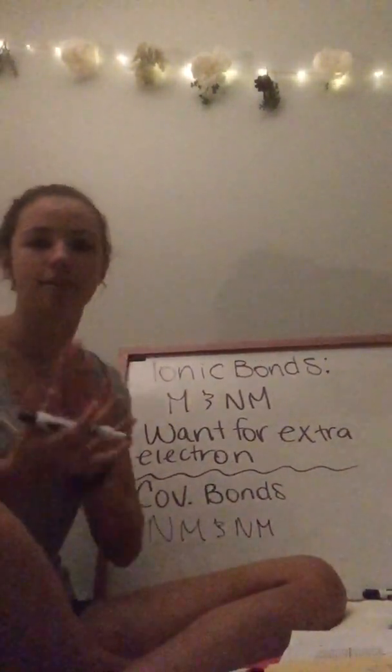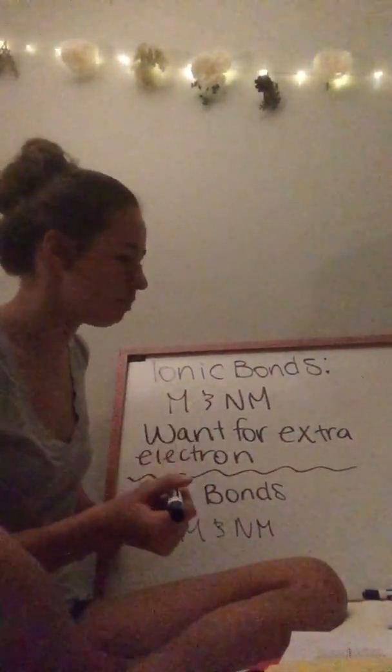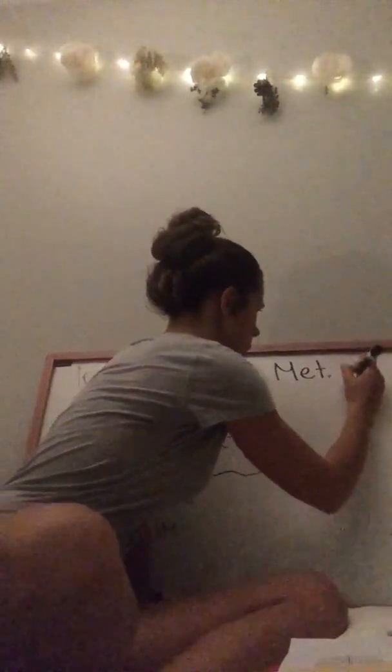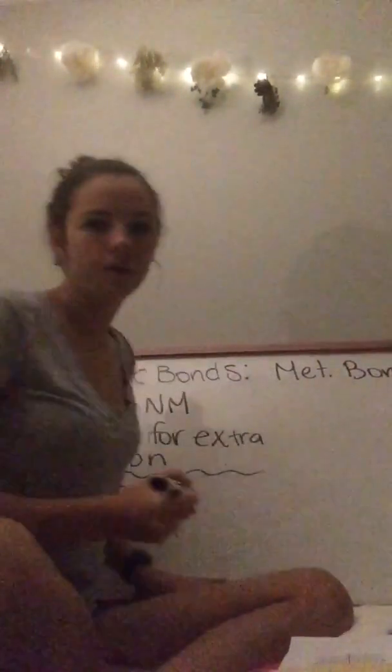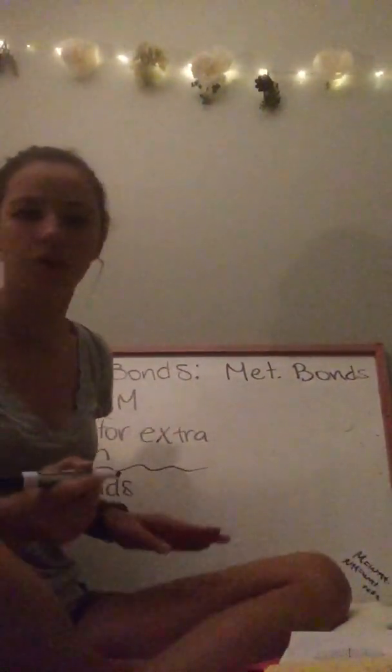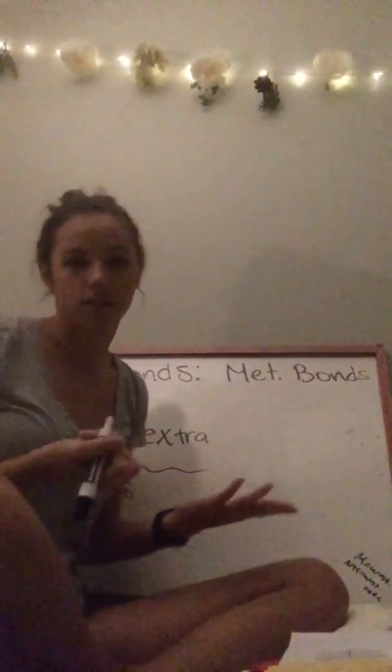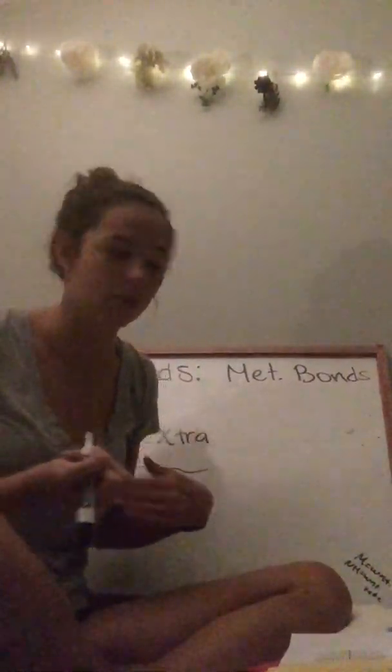Okay, and then finally we will talk about metallic bonds, and we'll do that over here. For metallic bonds, these are going to be between two metals. And these are going to be the most conductive ones because metals are more conductive than nonmetals.